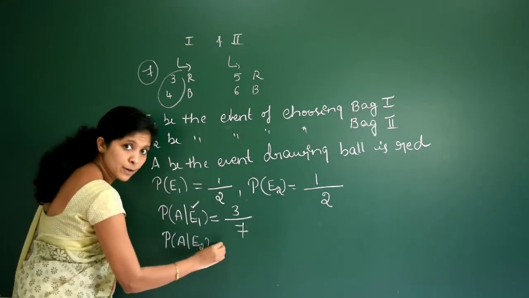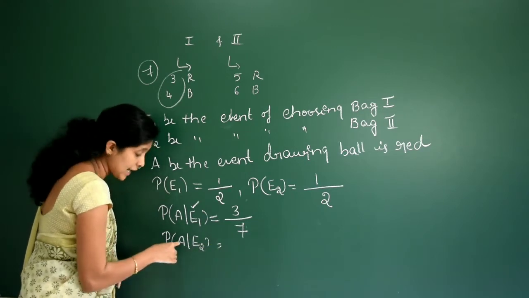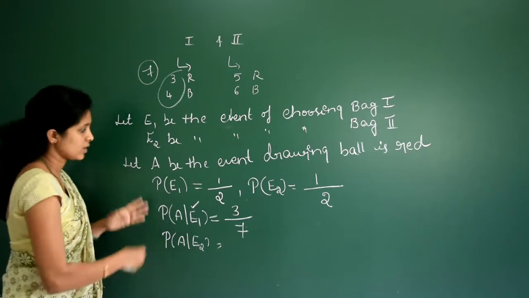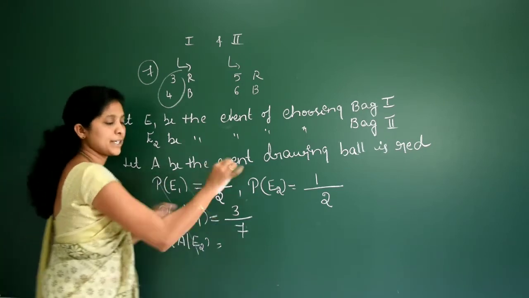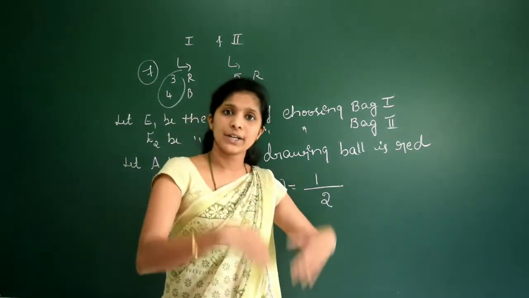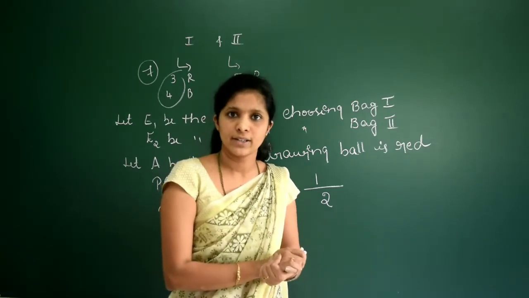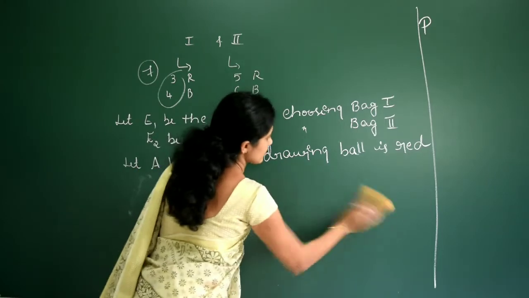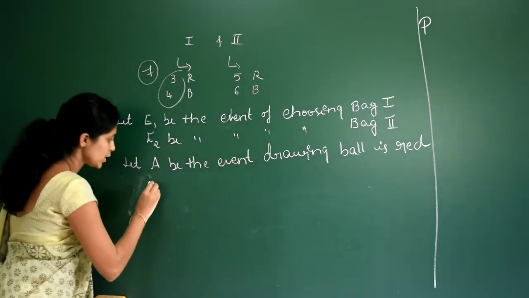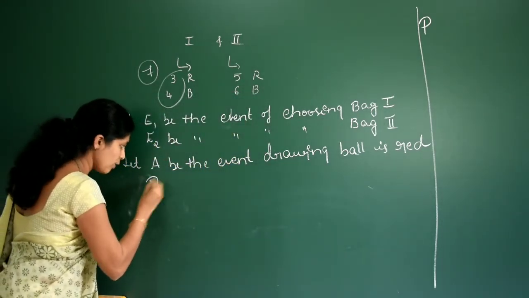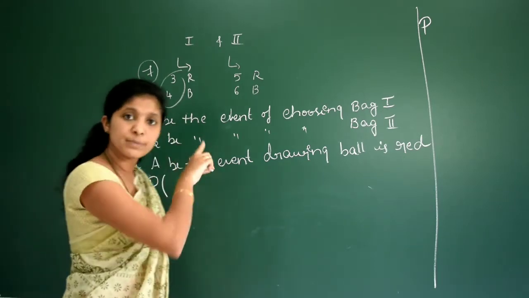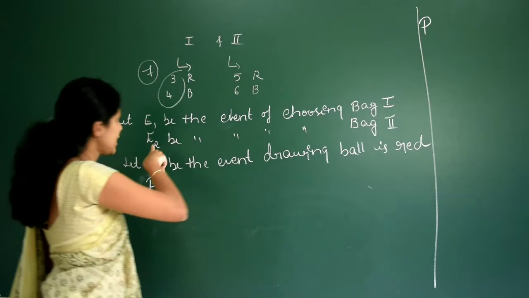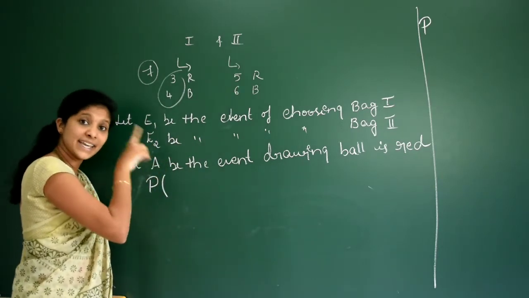So this will be from bag second and it should be a red ball. Is it clear? Or else, better first write the formula so that you will understand what things you have to find. You are finding the probability that the ball should be from bag second, right? Bag second is nothing but the event E2.